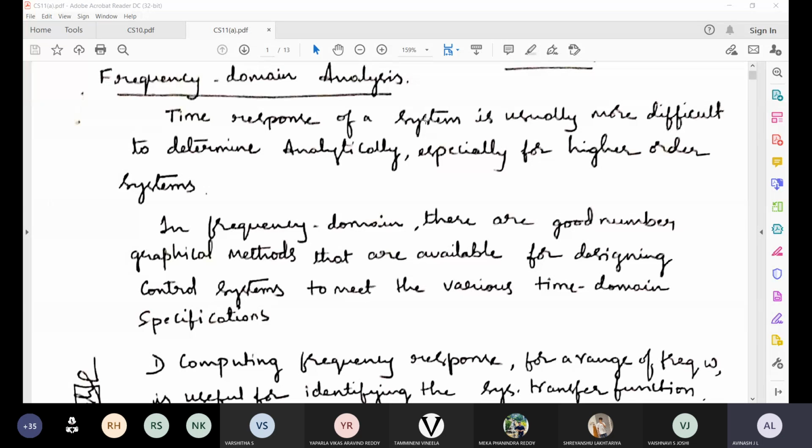So we need to find an alternative. What is that alternative? The alternative is to go for frequency domain analysis. Once we go for frequency domain analysis, what is the difference and what is the similarity?